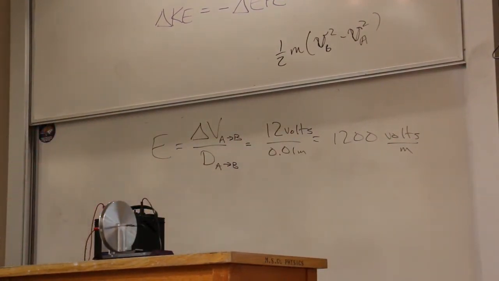And yet you wrote it as newtons for each coulomb. How do you get away with that?